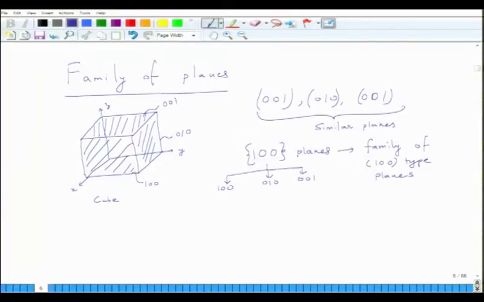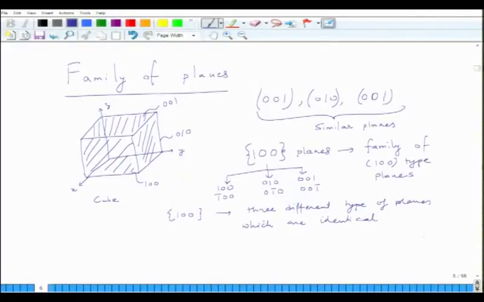So, in case of a cube, 1 0 0 implies you also have bar 1 0 0, 0 bar 1 0 and 0 0 bar 1. So, depending upon how you look at it, there are 3 different planes which are identical. 3 different planes, I mean it is sort of an oxymoron in some sense.